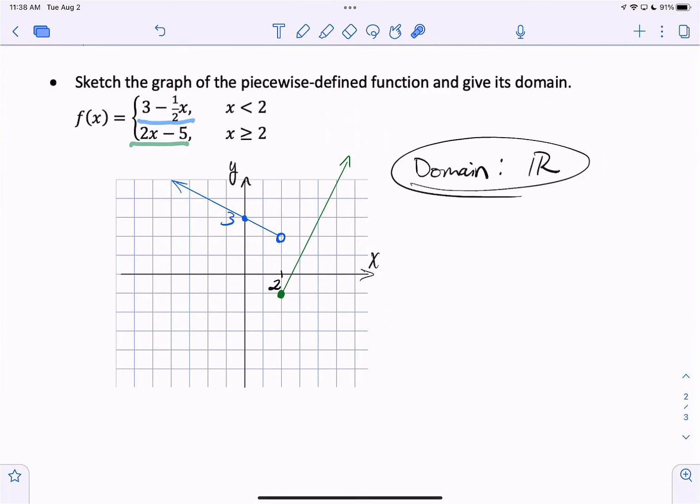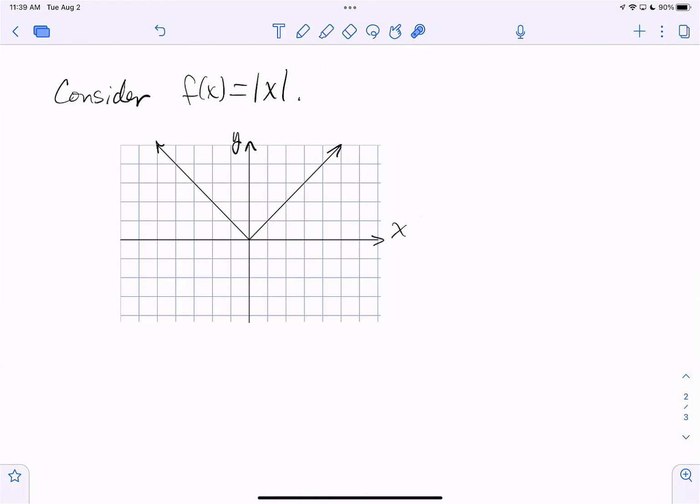Now let's consider a function that you should be familiar with, the absolute value function. Let's look at its graph. As you probably know, the graph of the absolute value function looks like a V. Now, to the right of the y-axis, it looks like y equals x, right? The output matches the input. To the left of the y-axis, it looks like y equals negative x.